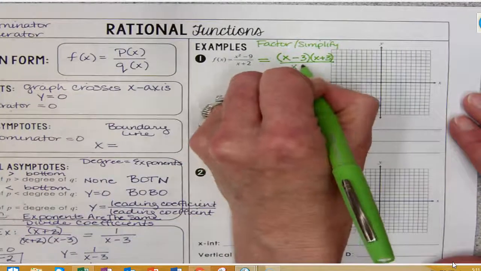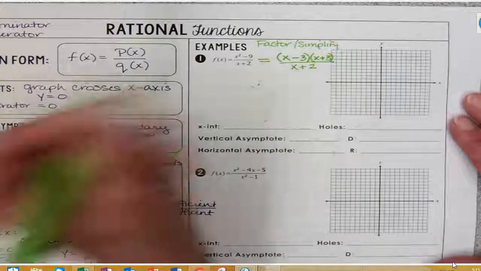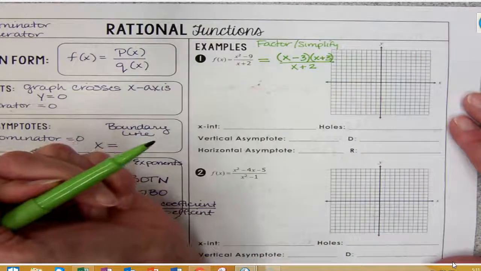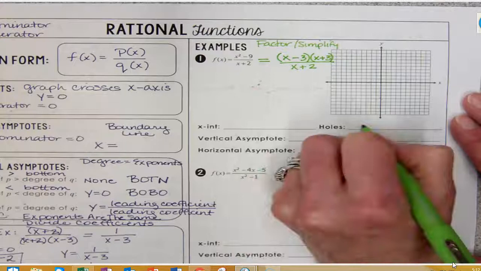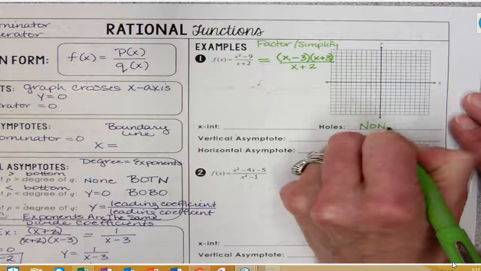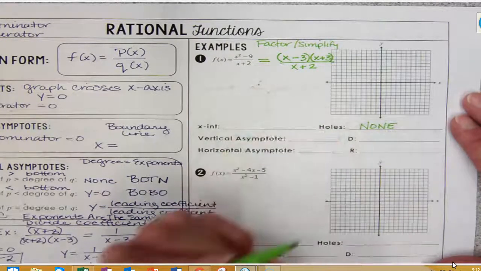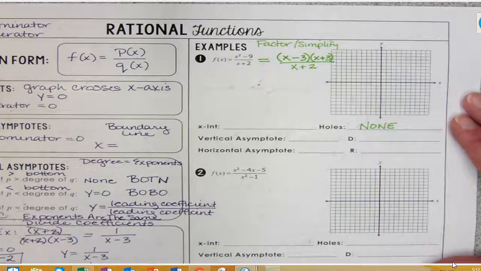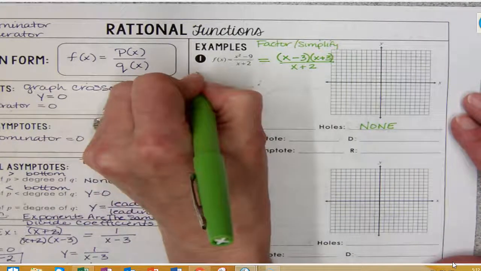And on top is going to be x plus 2. So right away I'm noticing that there are no holes. So I'm going to go ahead and write none here, because I don't have anywhere I can cancel out.